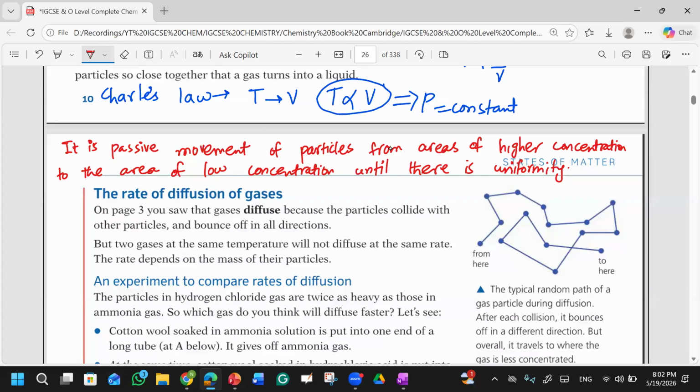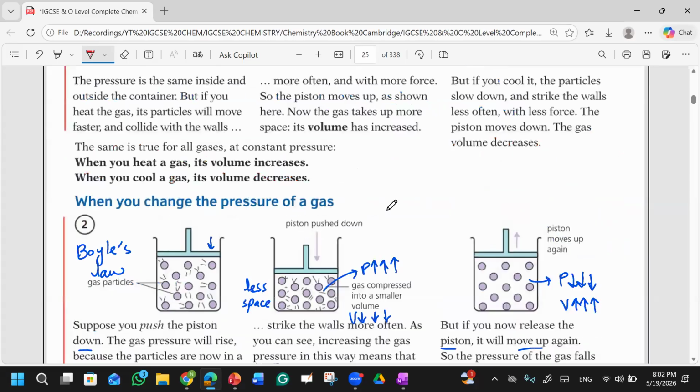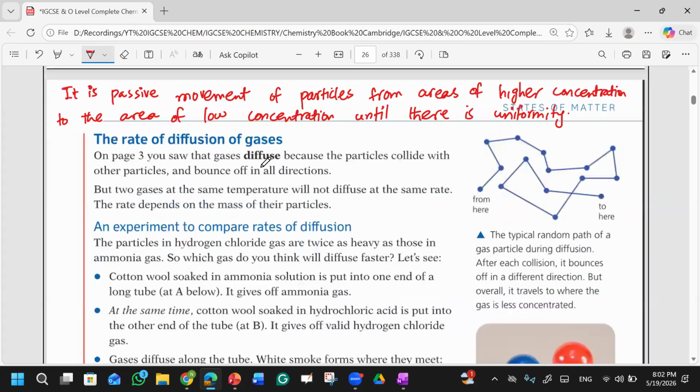Now we will see what happens to the rate of diffusion. We saw that the gas diffuses because the particles collide with other particles and bounce off in all directions. You know basically that particles of the gas don't have a uniform direction. They can move in any direction. I told you a terminology for this: haphazard movement.